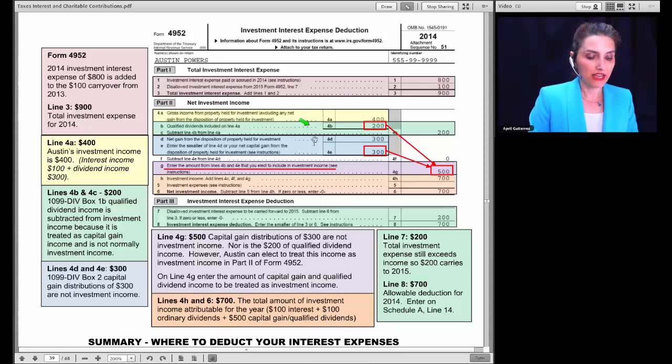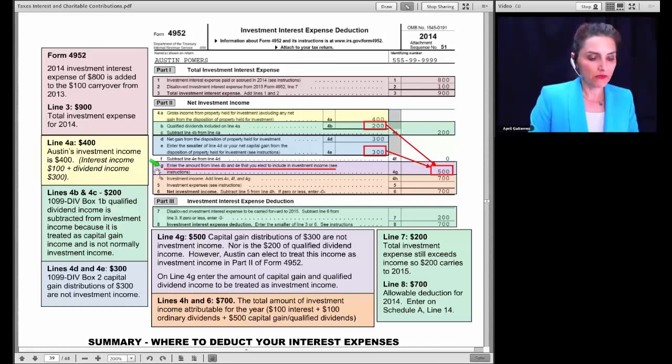And then it asks, how much is your capital gain income? And that was $300. So ultimately, $400 is reduced by $200, leaving a $200 net investment income amount. And the $200 is then added to the capital gain income to give $500 of income that is capital gain or qualified dividends.